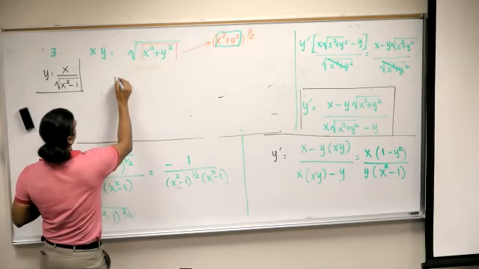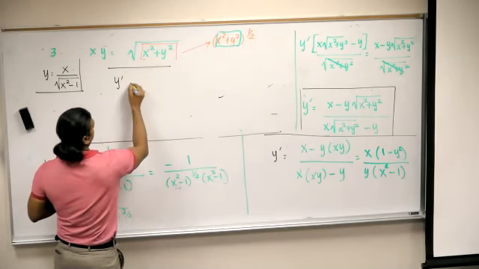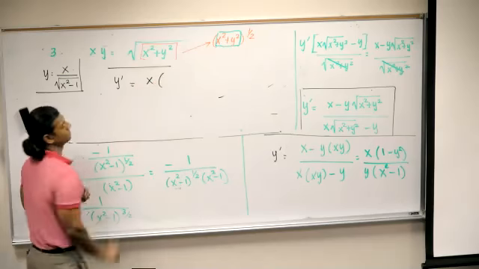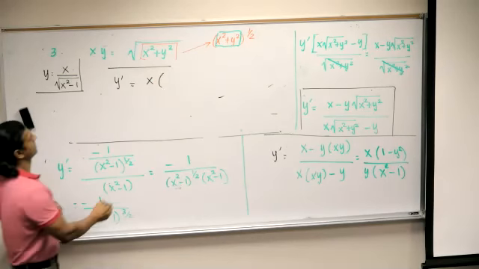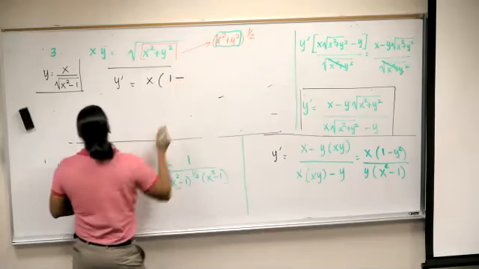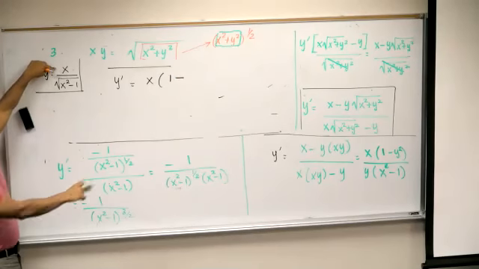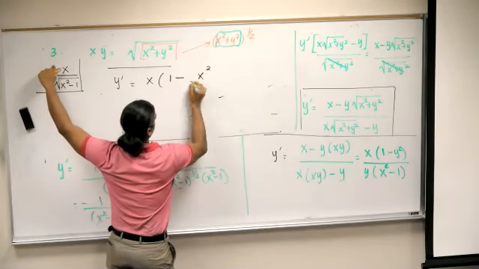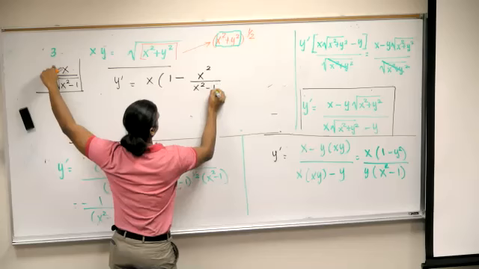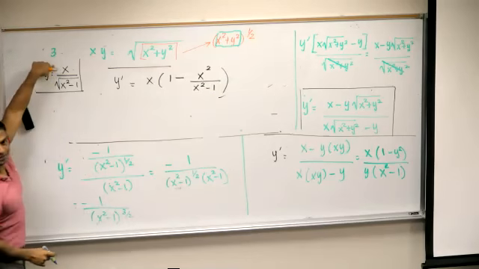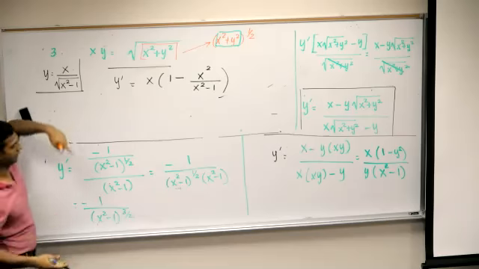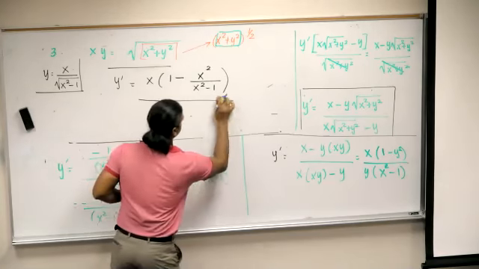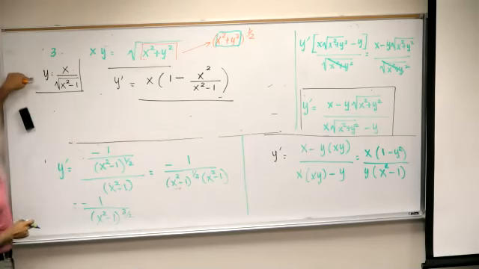So y prime would be equal to x multiplied by 1 minus y squared. That would be x squared over x squared minus 1. Do you agree? The root and the square will get cancelled. Same in the denominator.